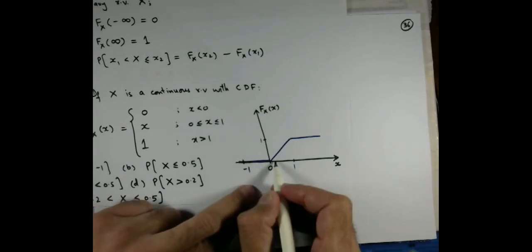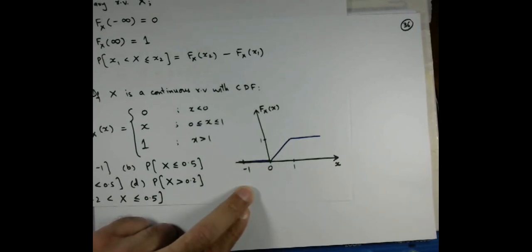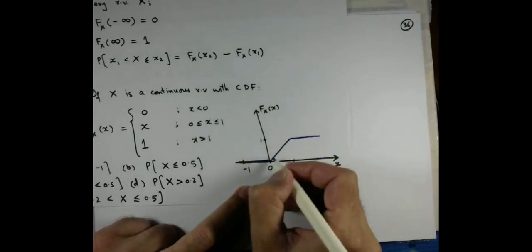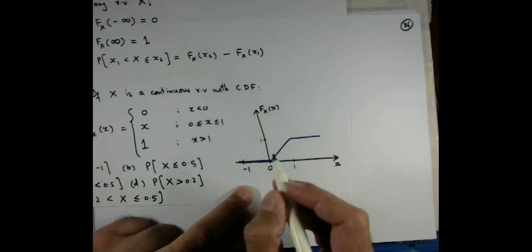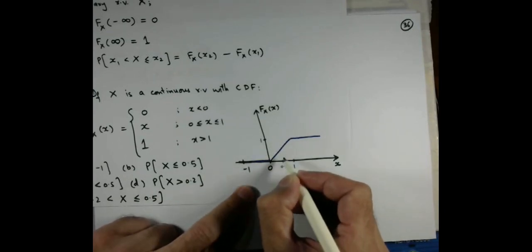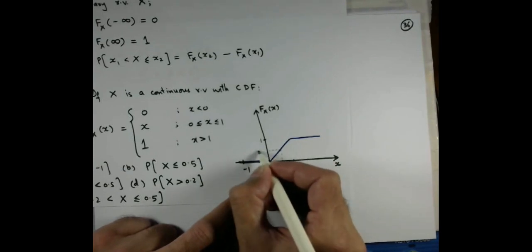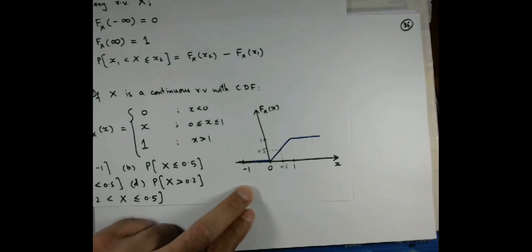Whatever the value of x is, the same value for F of x, which is the CDF, because it's a linear graph at a slope of 45 degrees. So if x is, say, 0.5, F sub x is also 0.5.